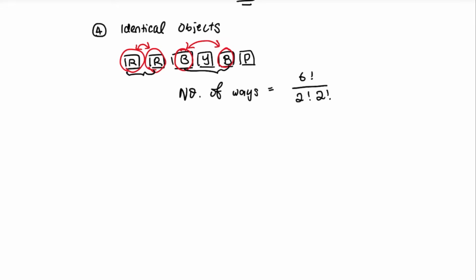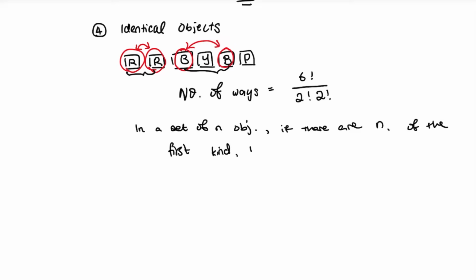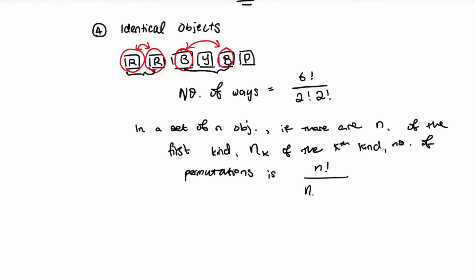So the overall idea for this part is that in a set of n objects, if there are n1 of the first kind and let's say nk of the kth kind, the number of permutations would very simply be n factorial, which is the total number in the whole row, divided by n1 factorial, up to nk factorial.